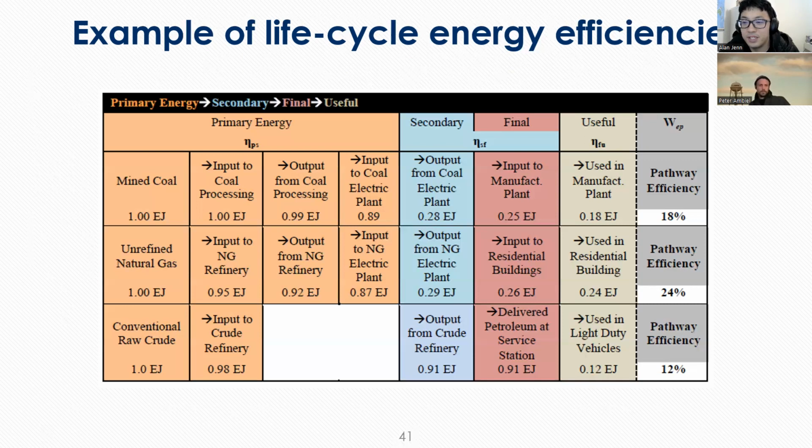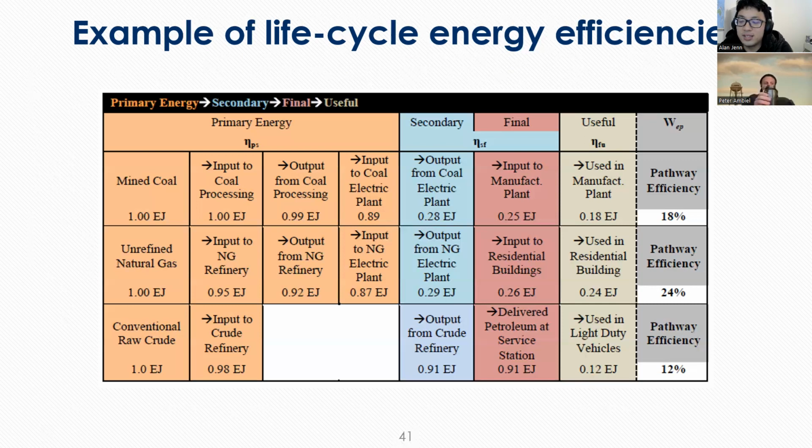It gets input into an electric plant, and then gets converted to electricity, which is your secondary in blue. Then that gets passed on to a manufacturing plant. You can see in each stage, it describes the input amount of energy and the corresponding amount that you get after that specific process.